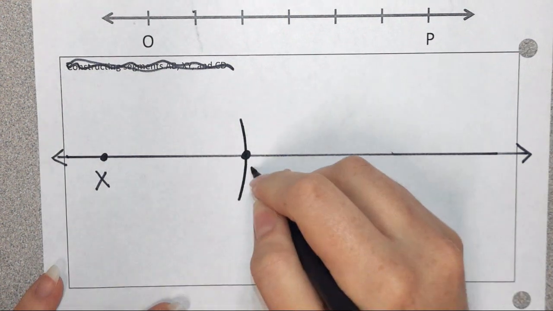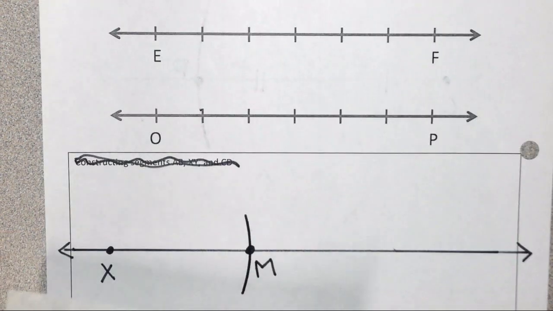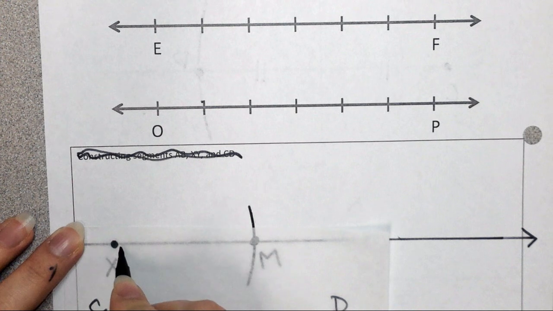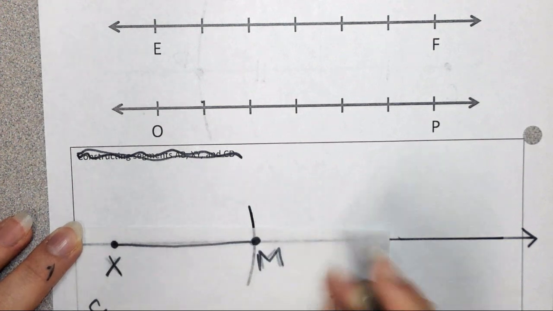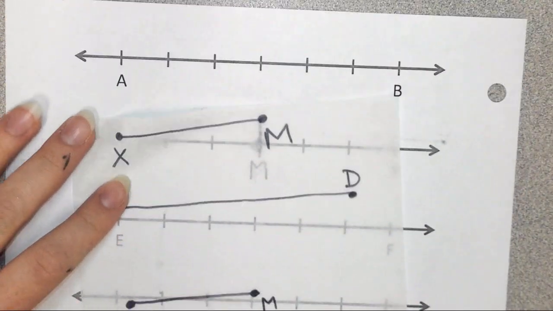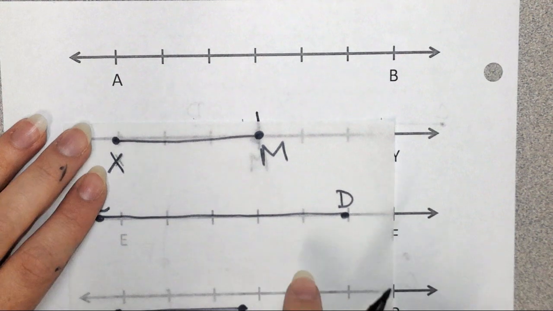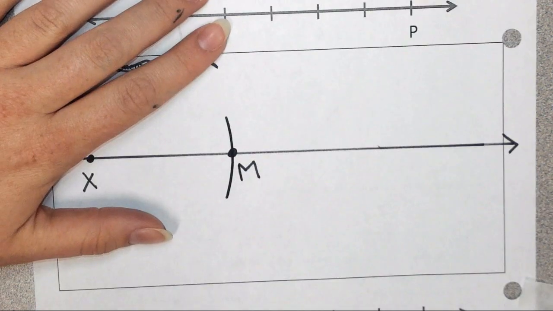Put a point where they intersect and label that point M. And if you need to verify, you can always double check with your patty paper that you did it correctly. So copy your XM onto your patty paper, and if it matches the same XM as up here, and again it's not quite perfect but it's pretty close, then I know I did my construction correctly.